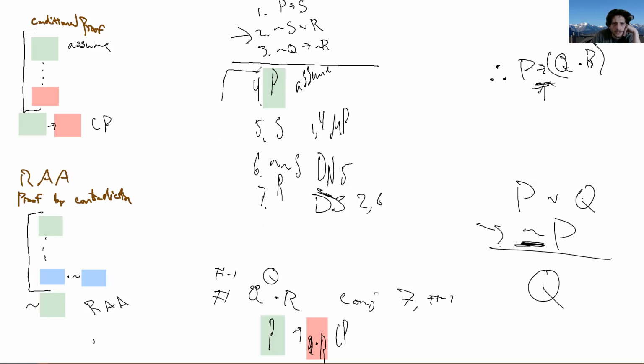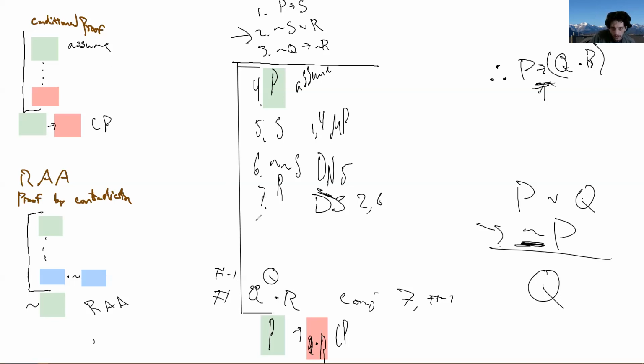So we have this guy. Oh my goodness. Right, so these line numbers are for these, they're inside the subproof.